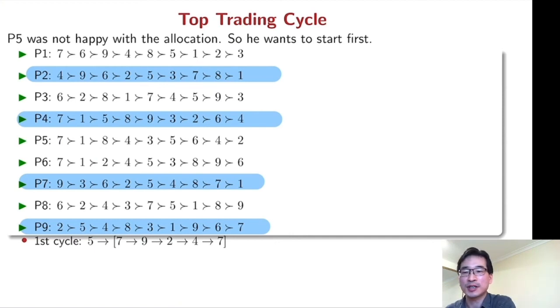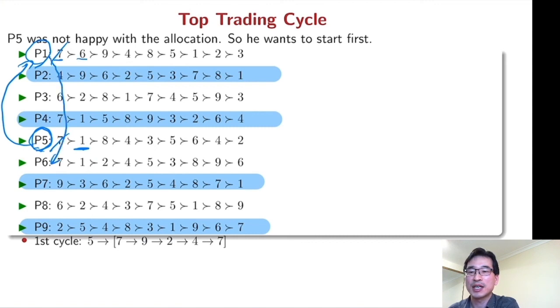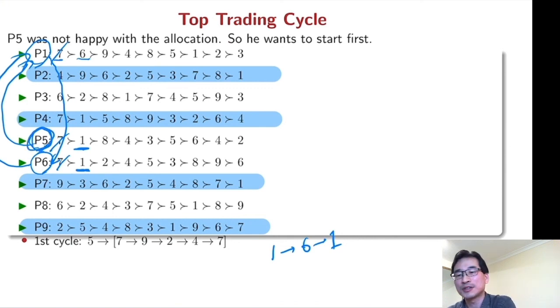Okay, let's start from P5 again. So P5 points to 7, not available, points to 1, and P1 points to 7 but not available. Now P1 points to 6 and 6 to 1. So we have a trading cycle, but again that cycle 1, 6 does not include Proposal 5.